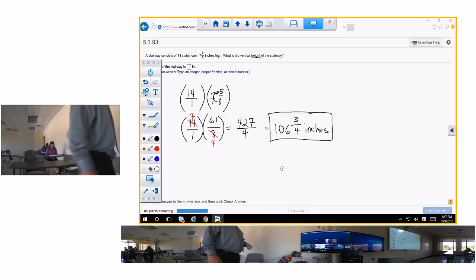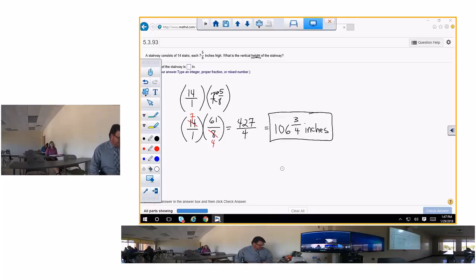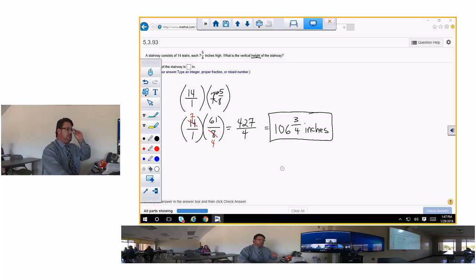But they wanted it in inches, so you go in and you change it to inches, or you put it in here. Now it's a mixed number, so you're going to have to tell it that it's a mixed number. Sometimes you don't have to. Sometimes you can just type it in a certain way, like with the slash, and it'll know it.